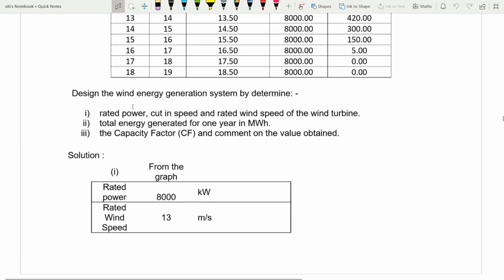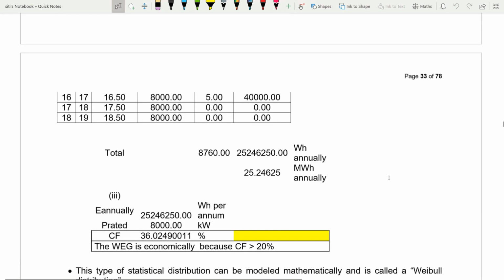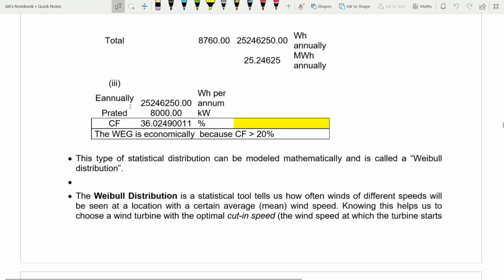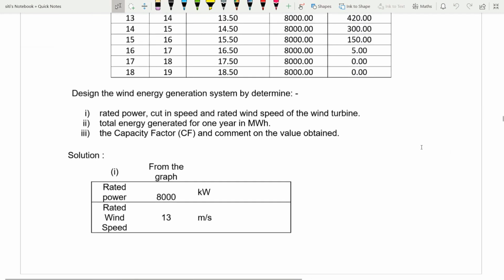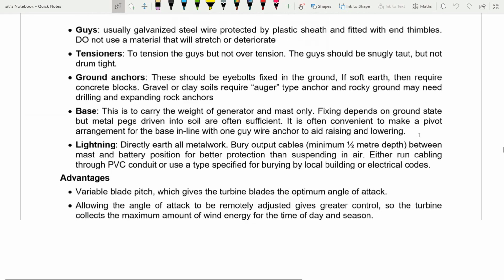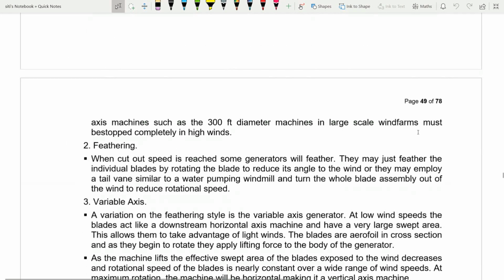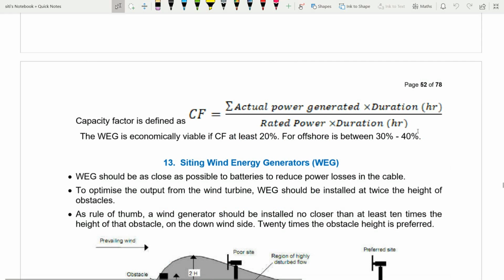The last question: the capacity factor, and comment on the value obtained. So the capacity factor, the energy annually is 25,246,250, and the P rated is 8,000. So you calculate the capacity factor. You will learn the capacity factor in the equation on page 52.